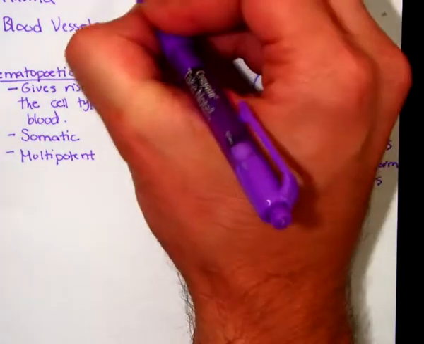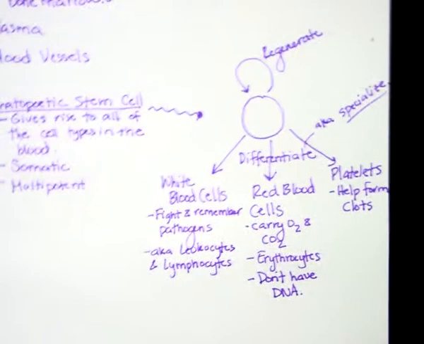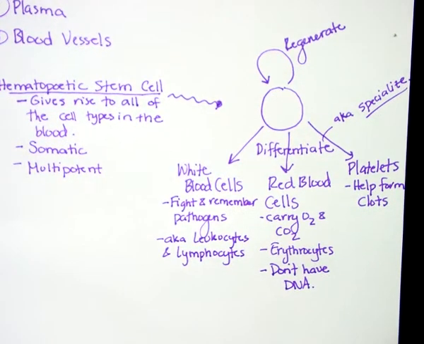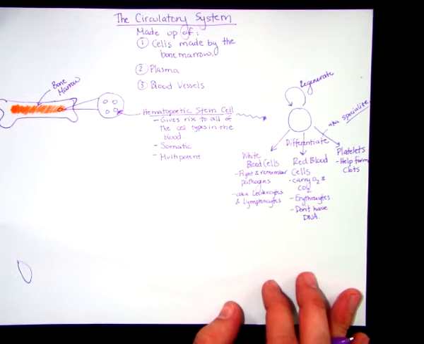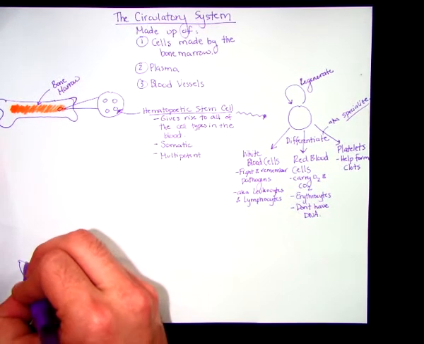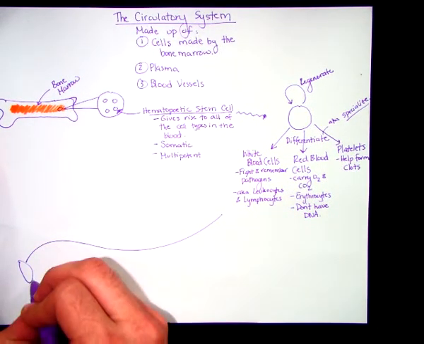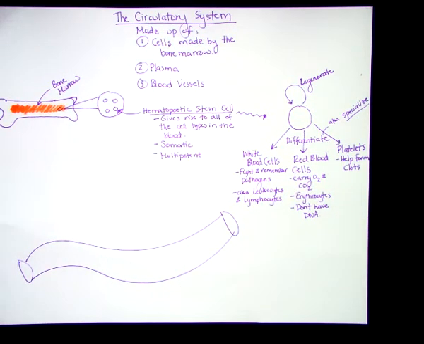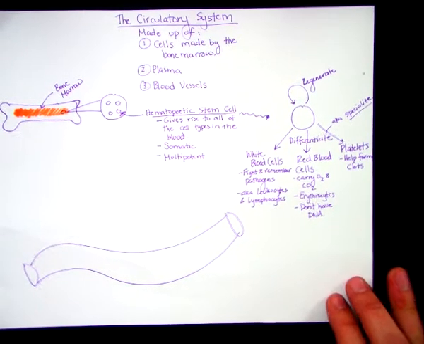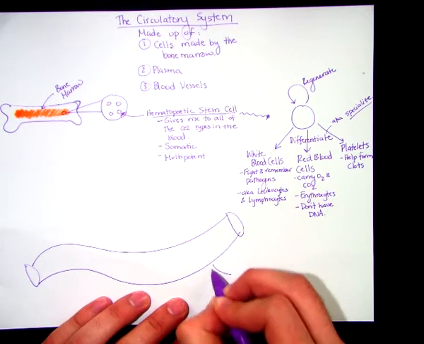So that is the types of cells that are produced by the bone marrow. The second thing the circulatory system is made up of is something called plasma. So, let me zoom out here. We're going to draw a big tube. This is going to represent a blood vessel.